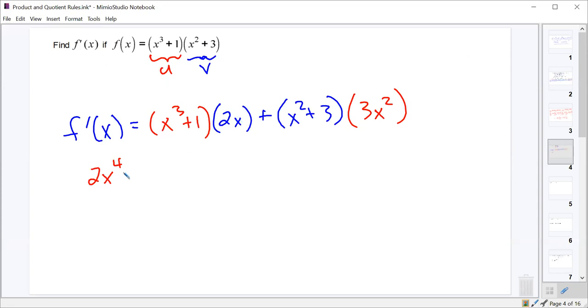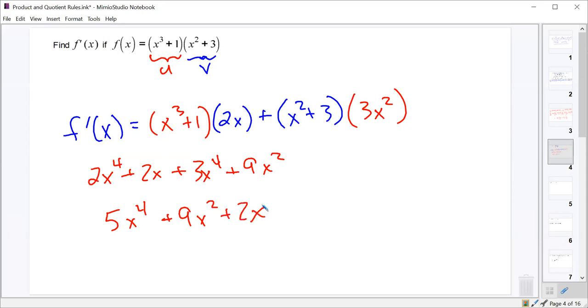2x to the 4th plus 2x, if I distribute that, plus 3x to the 4th plus 9x squared, if I distribute that one. So 5x to the 4th plus 9x squared plus 2x. And if I had gone through at the beginning and just distributed this out to find the derivative, the distributing for this would have been x to the 5th, right?